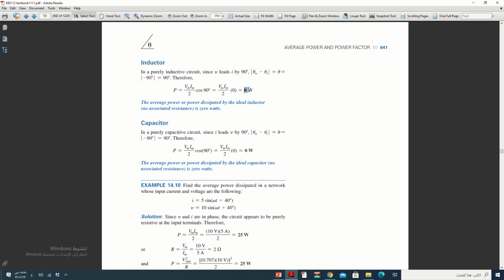The real power is only in the resistor. The average power dissipated by the ideal inductor is 0 watt. Similar for the capacitor, since the shift between theta v and theta I is 90, cosine 90 is 0. Also, the average power dissipated by the ideal capacitor is 0 watt.